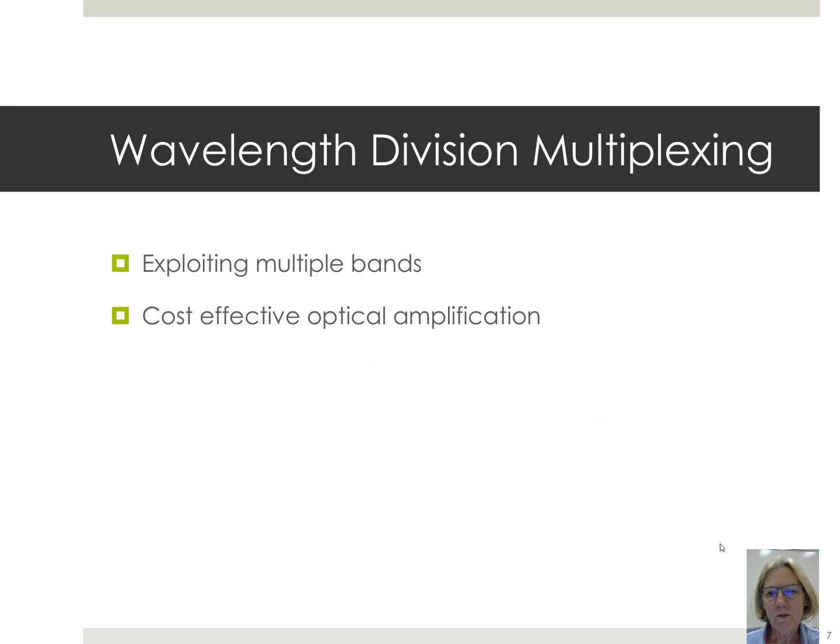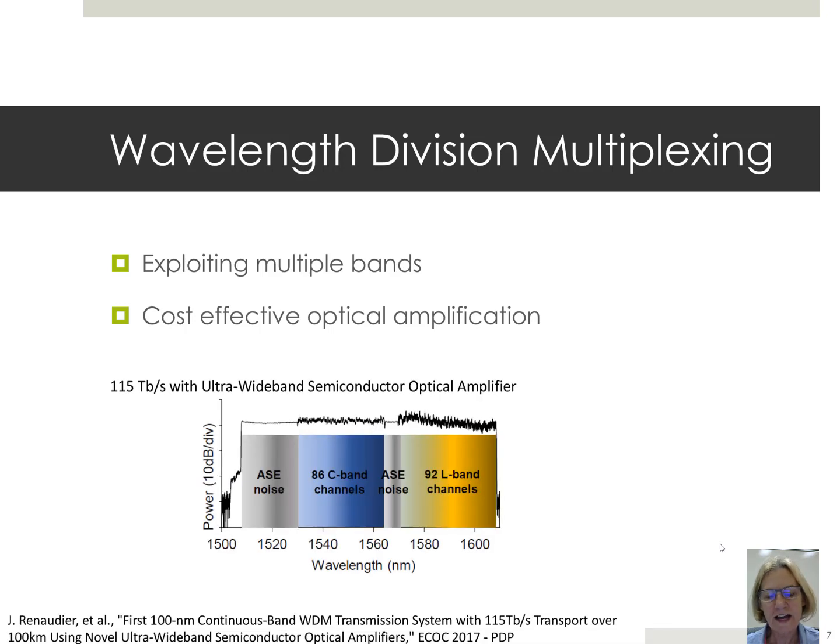So we've seen that wavelength division multiplexing really blossomed because we were able to exploit multiple, wide bands with cost-effective optical amplification. And in fact, we see here how many channels have been exploited on these bands. This is a fairly recent demonstration from September of 2017, where they used not an EDFA, not an erbium doped fiber amplifier, but actually one which is semiconductor based, so even less expensive.